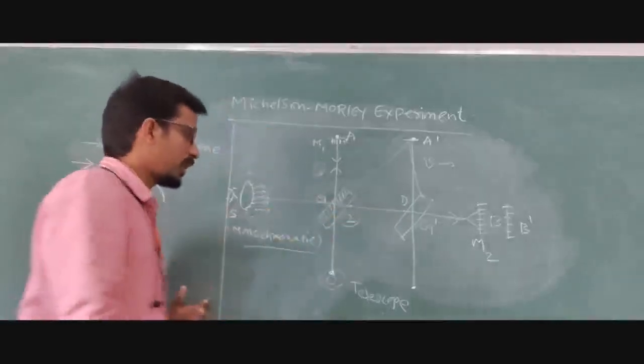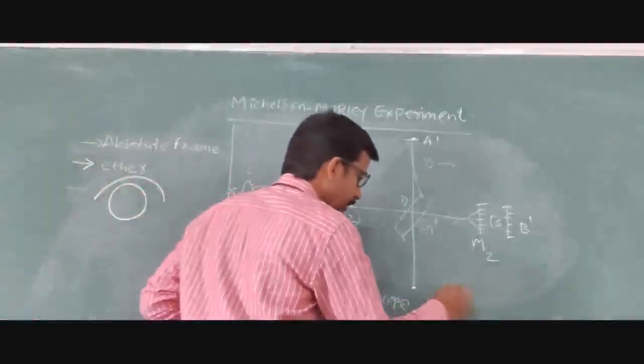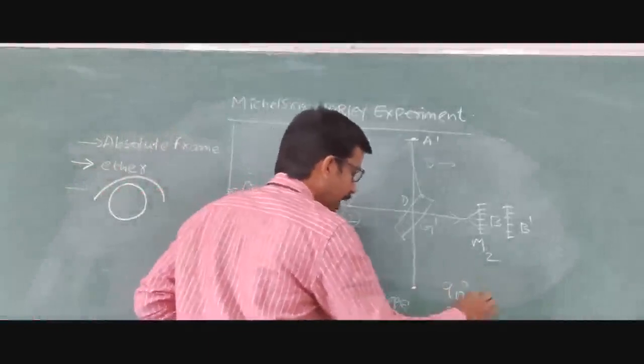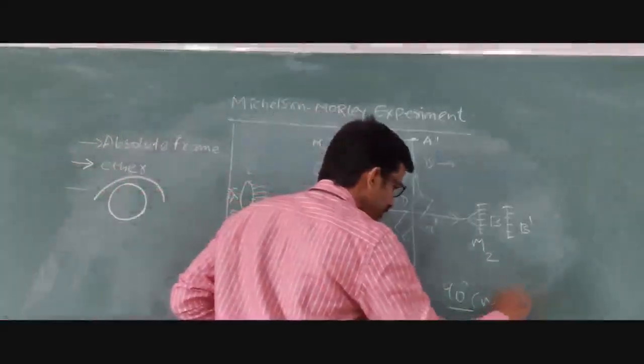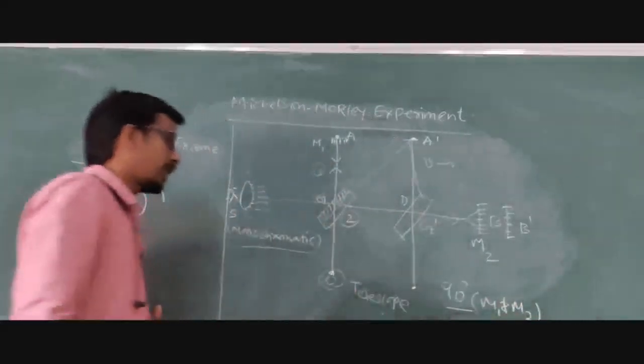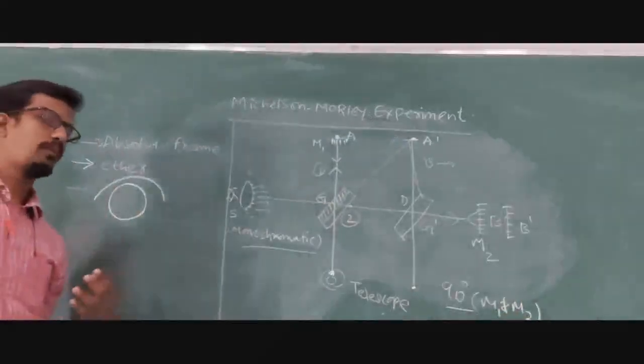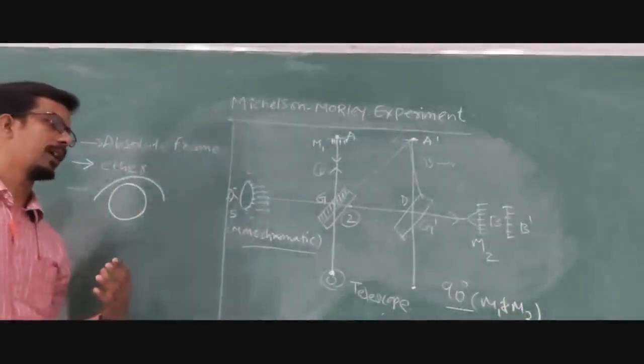So you should know that M1 and M2 are in two opposite, perpendicular directions at 90 degrees.